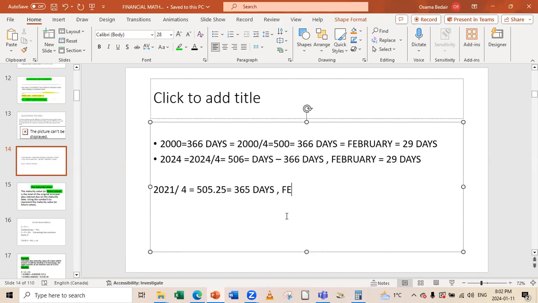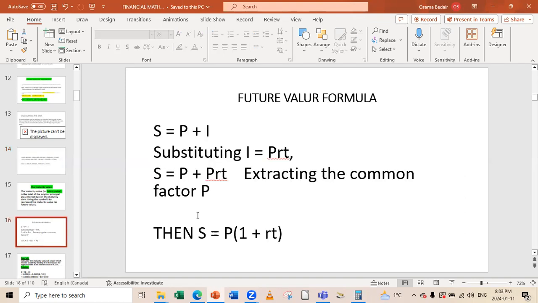And we will find that February in this year will equal 28 days. But the rest of the months will be 31 days or 30 days. Only this one day is different in February. Always this one day is different in February.